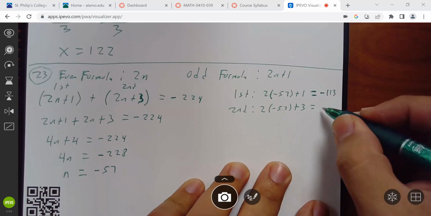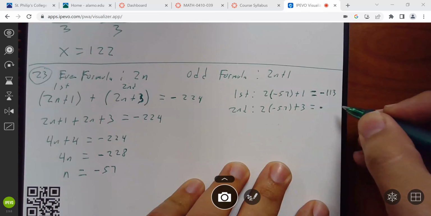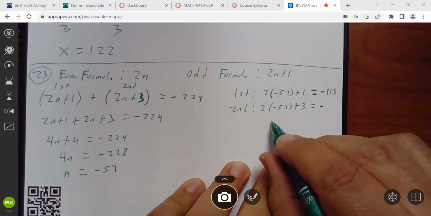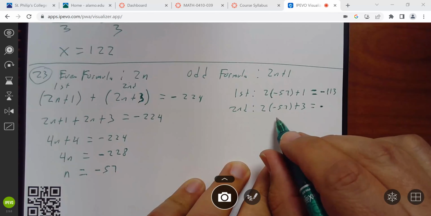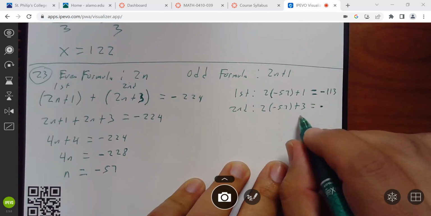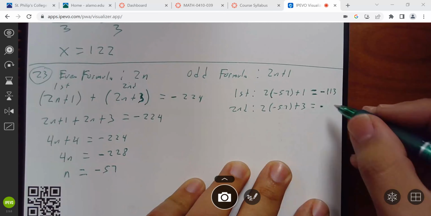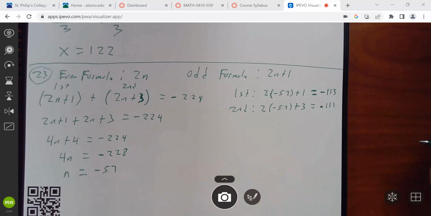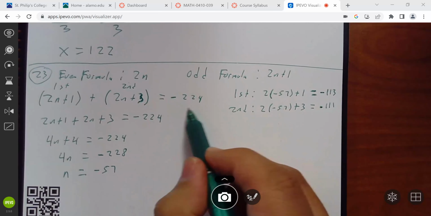Plus 3. Negative 116. Negative 114 plus 3. These are both odd, consecutive, and when you add them together, you get this. That's what they wanted.